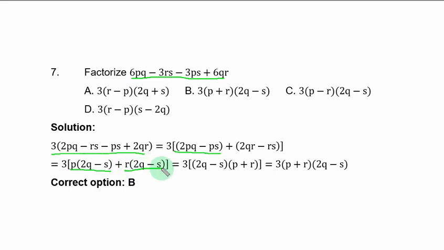Clearly, you see that 2Q - S is common. If you take it out again, you are left with P plus R that will form the other bracket. This is the factorization that you are asked to do. So B is the correct option.